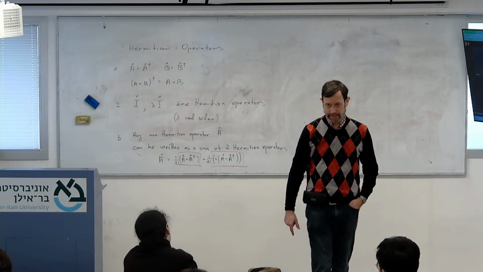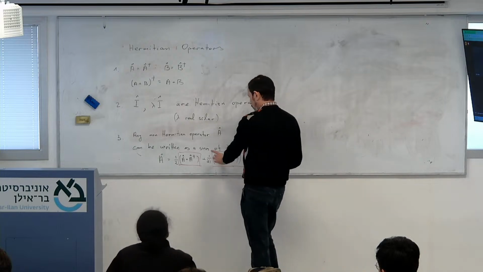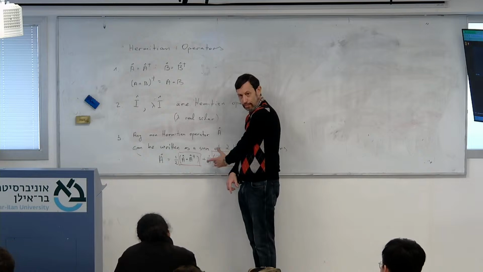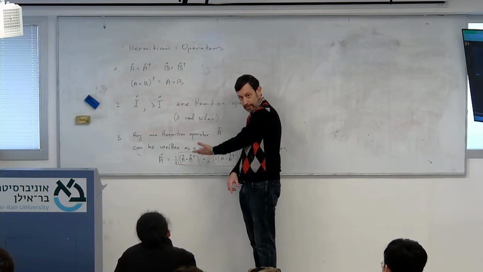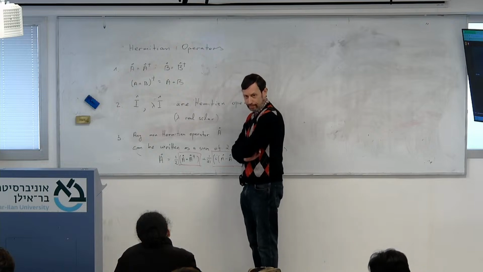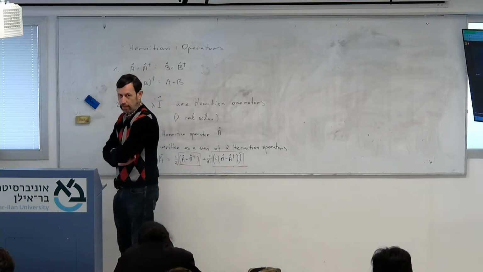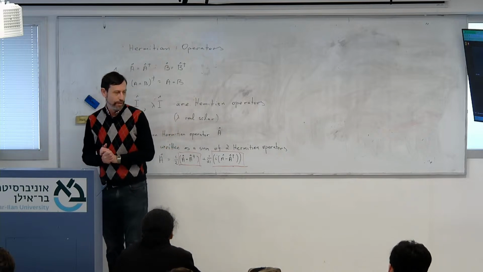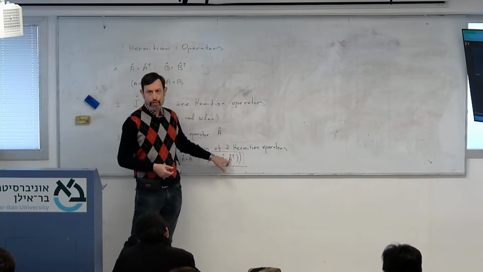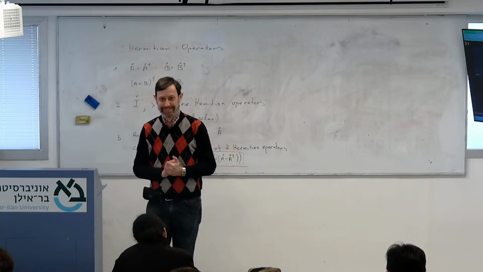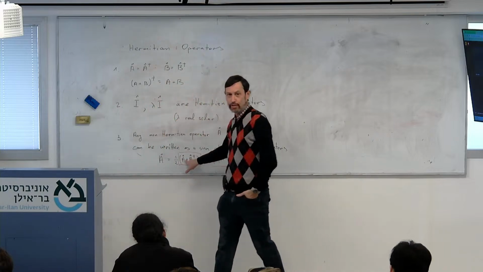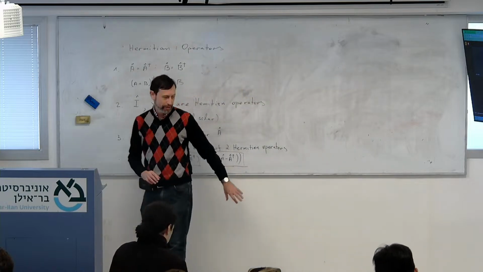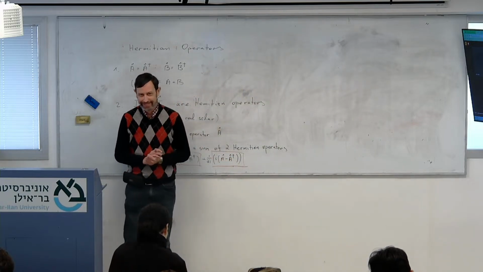Of course, if the second term is Hermitian, it vanishes and all's good, because then this is zero. And this plus this is just twice the operator divided by 2. So this term is not in the game, no problem.